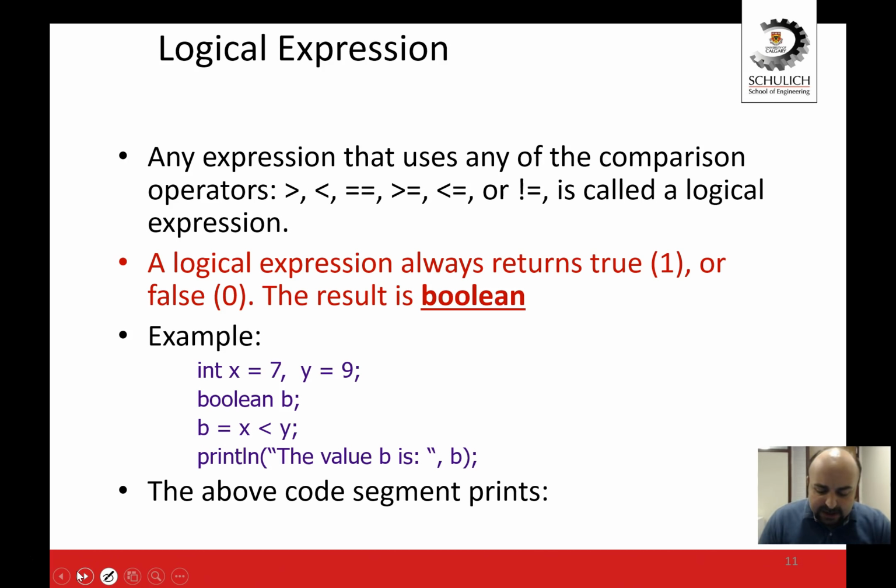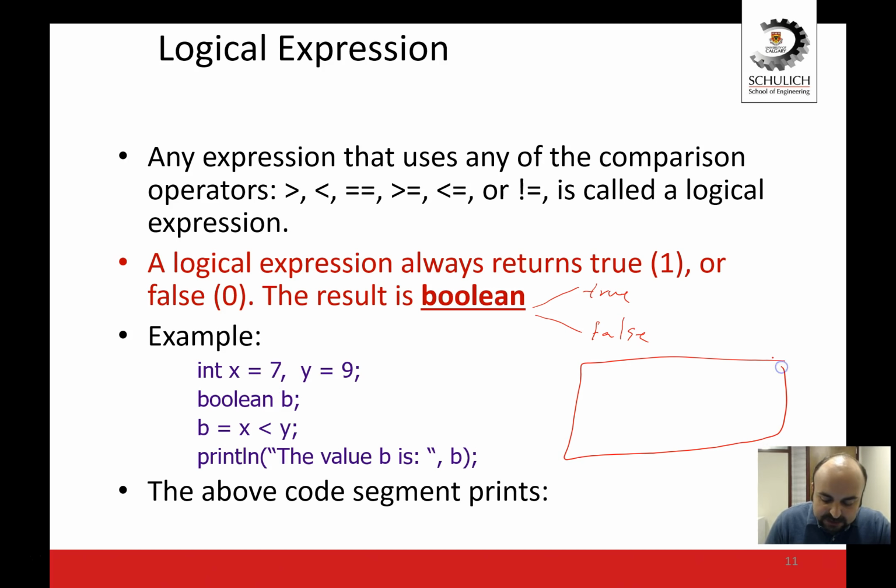Let's do another example with regards to Boolean. We said that Boolean could be true or false. True is 1, and false is 0. So if you have int x as 7 and y as 9, and a Boolean b.